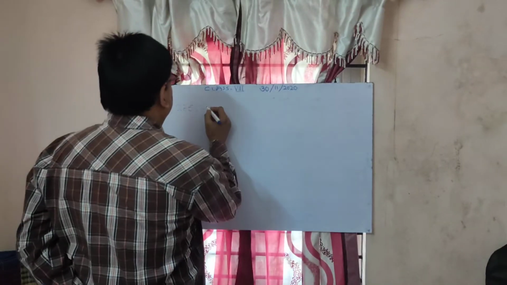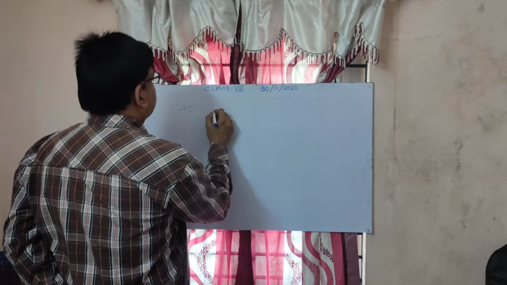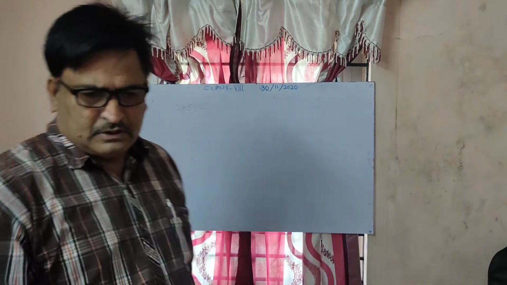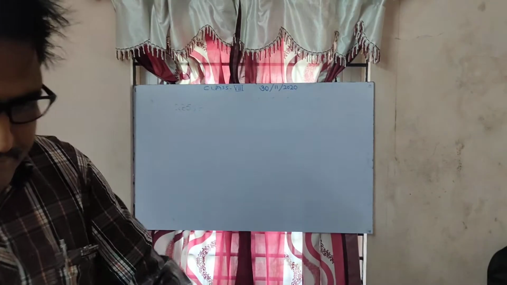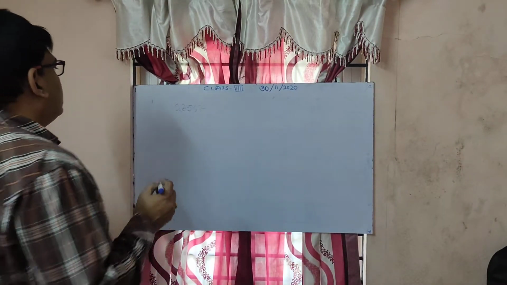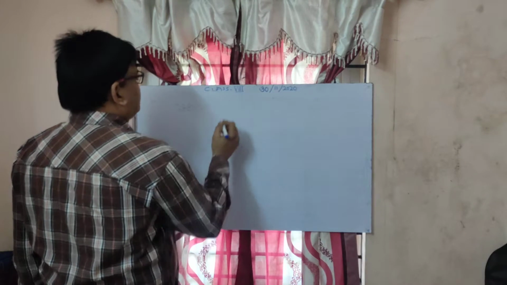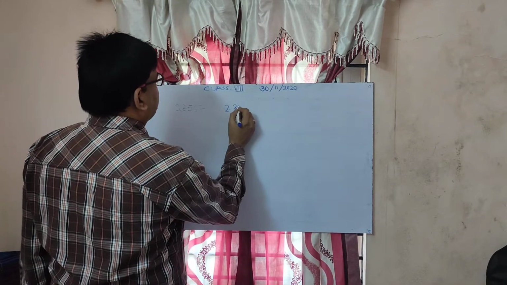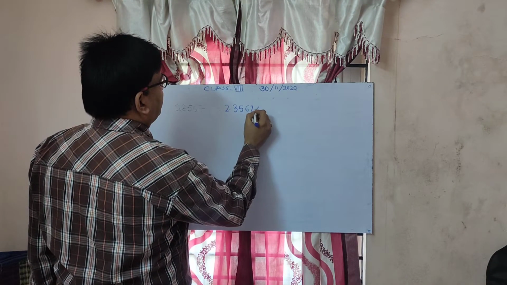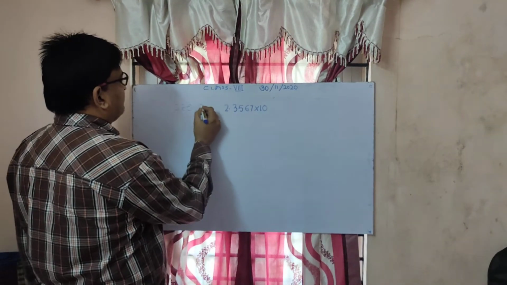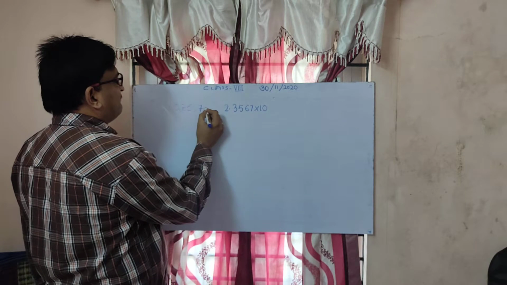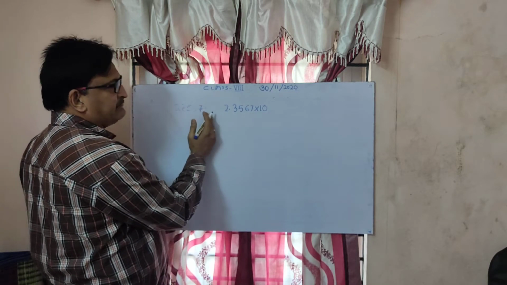If you want to write this in the standard form, how to write it? 2.3567 into 10 to the power. I told you, if there is no point in between the numbers, then the point will be at the end of the number.